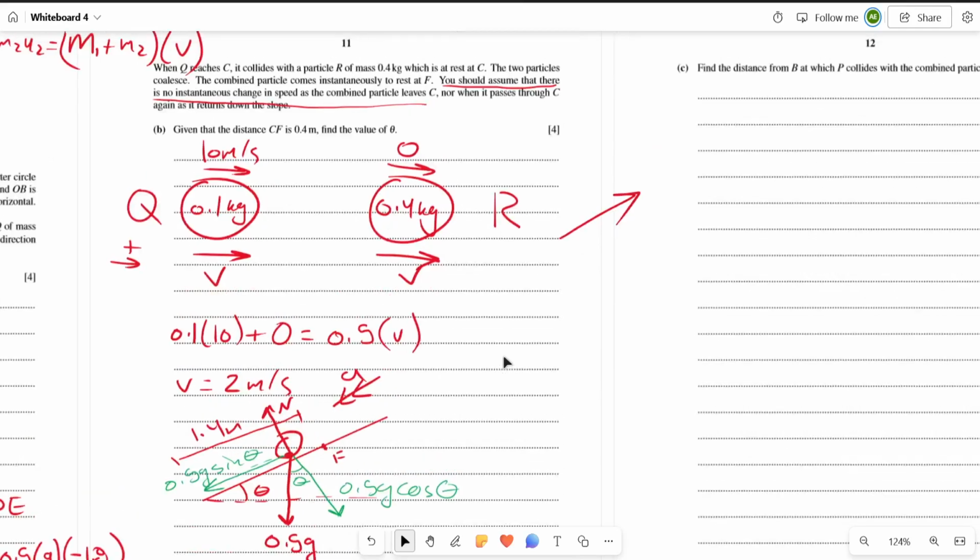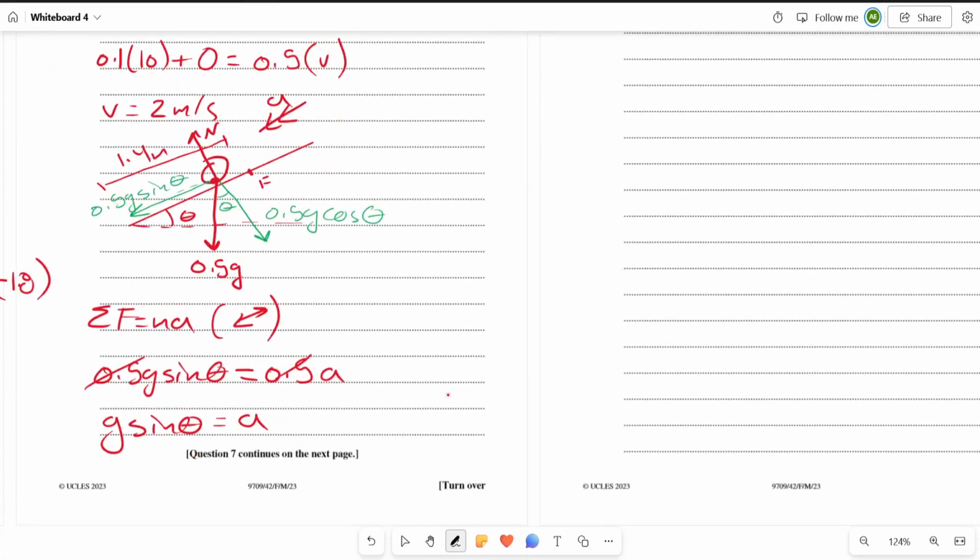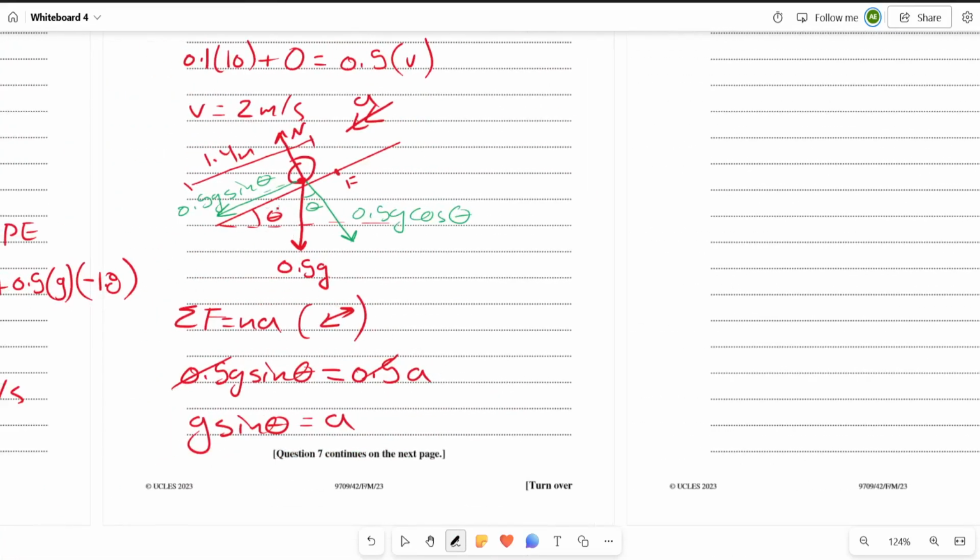How can I get the acceleration? I can say that, okay, the particle started at the bottom and then moved the distance of 1.4. Let's use kinematics here. So let's take a positive direction up the slope and let's see what we have from kinematics.